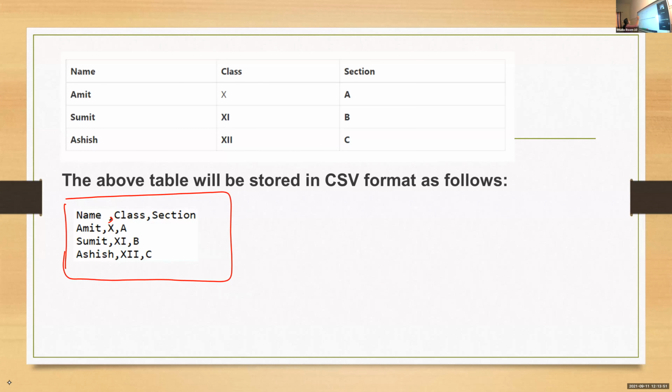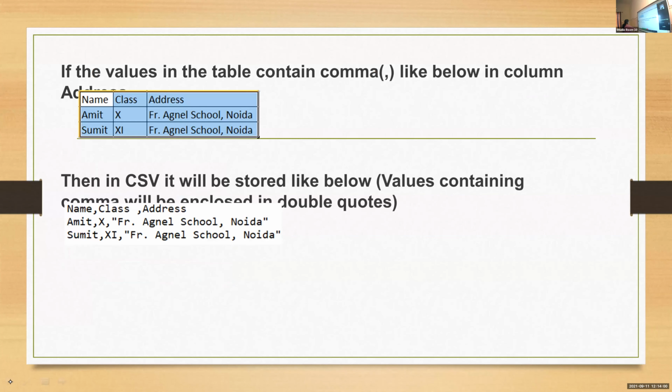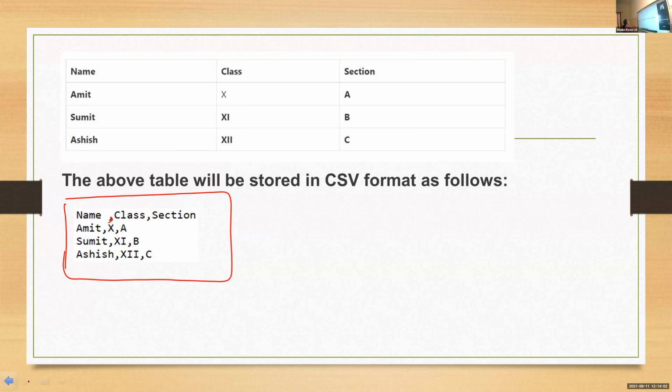Amit 10 A, Sumit +1 B, Ashish +2 C. Then, if there is a comma after the first value, if there is a comma, then what happens at the time of conversion? That is the next procedure.